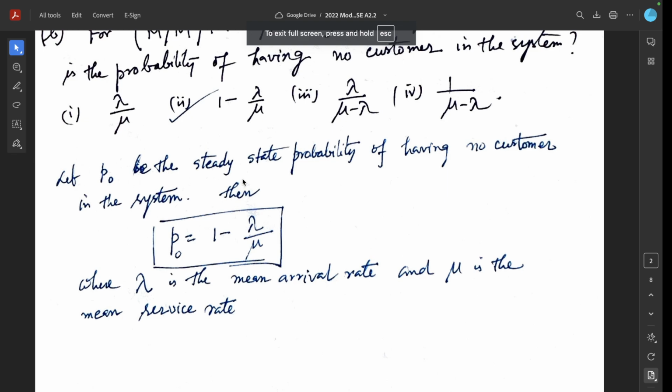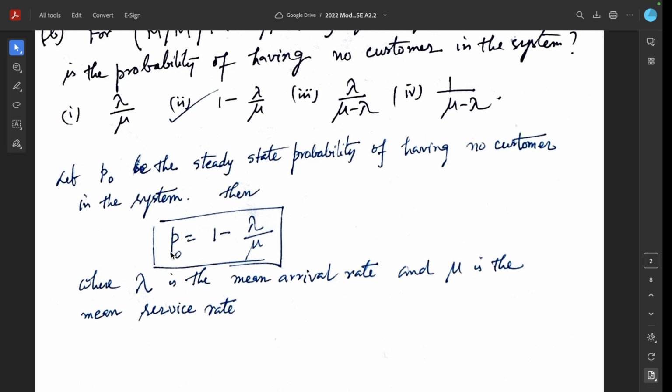Let P0 be the steady state probability of having no customer in the system. Steady state means after a long time, and the queue being in steady state does not depend on time t.